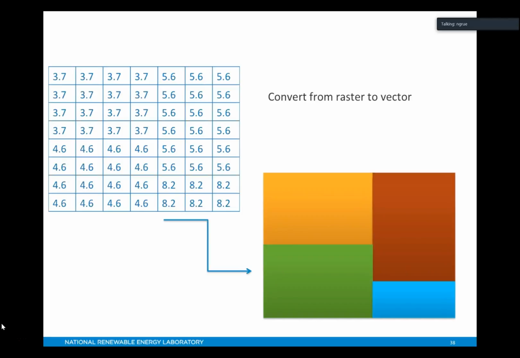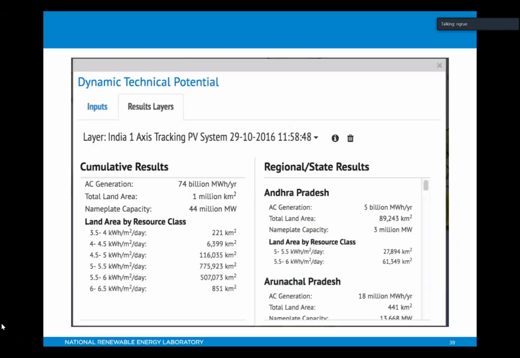And like is typical behavior in ArcGIS or QGIS or PostGIS, if you have cells that are next to each other of the same value, those will all be amalgamated into the same vector polygon. And that allows us to do before and after available area analysis to figure out how much area we lost with these given exclusion layers.